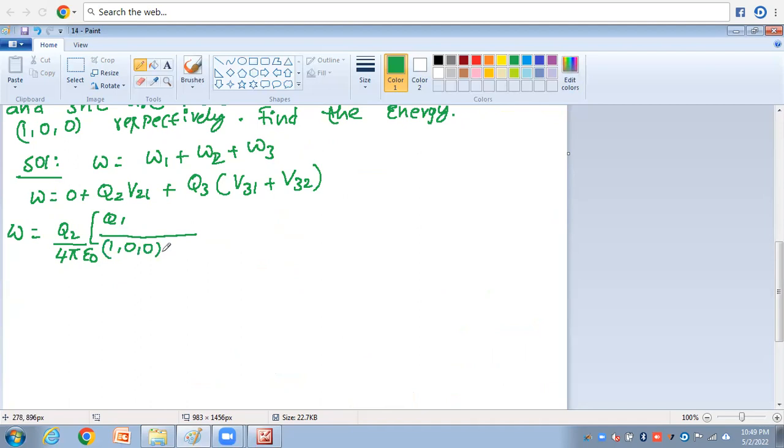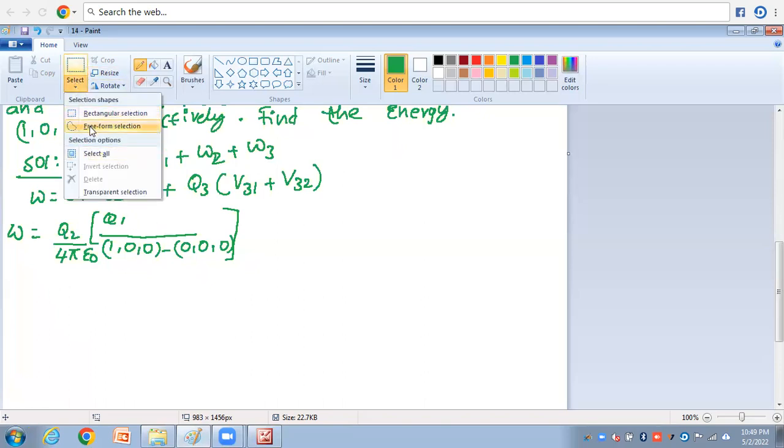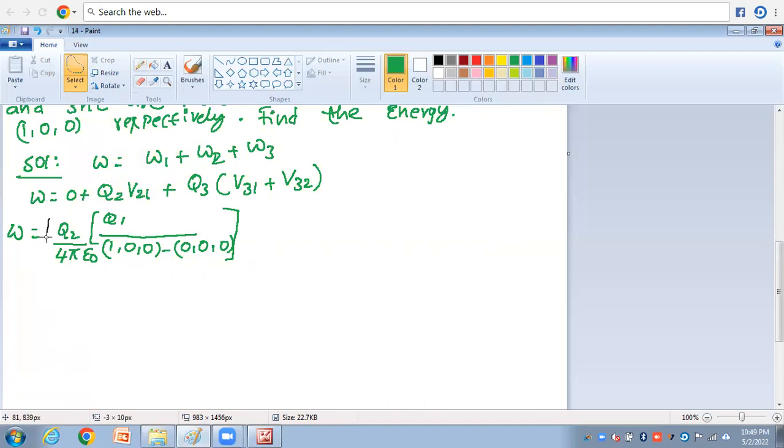This is one point. Another point is 0, 0, 0. Then close this bracket. Okay. Now it is very easy to understand about this bracket.